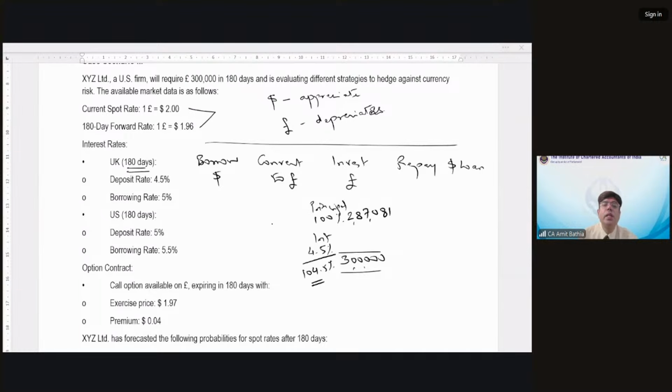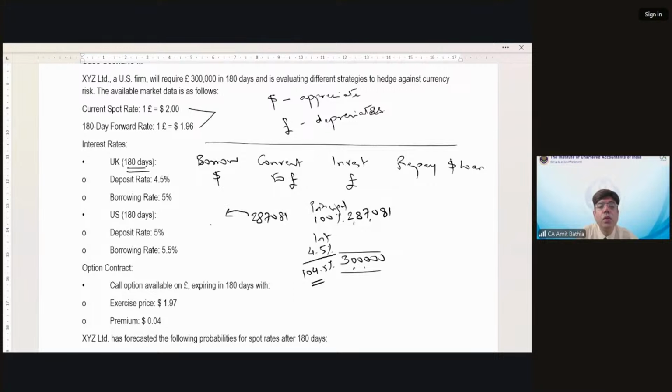Today, what is the exchange rate? Current spot rate is $2. So how much is the dollars required? I need 287,081. So how much is the dollar required at spot rate? Spot rate is 2, right?